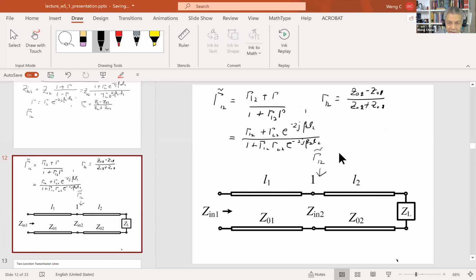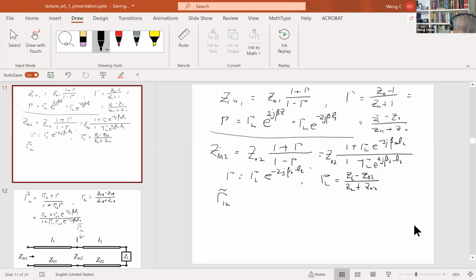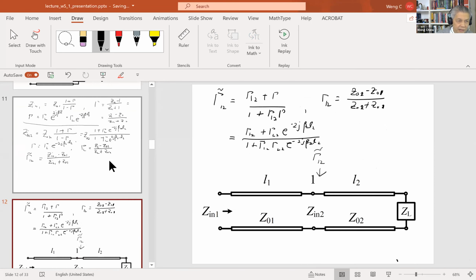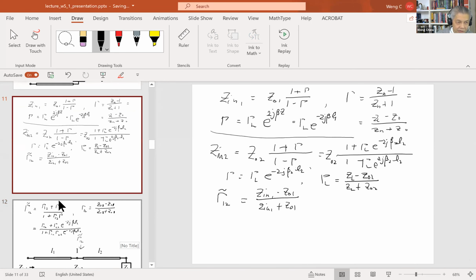It should be given by Z in 2 minus Z01 over Z in 2 plus Z01, because I'm replacing this circuit here with one that is very much like the first case, where I replaced this impedance with just Z in 2.